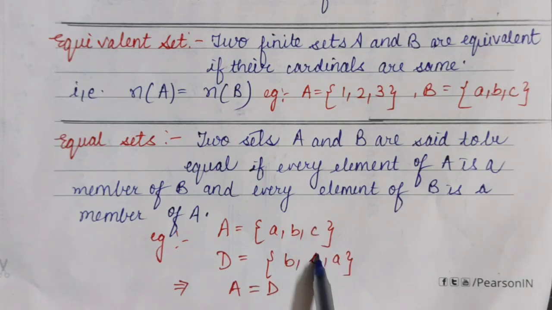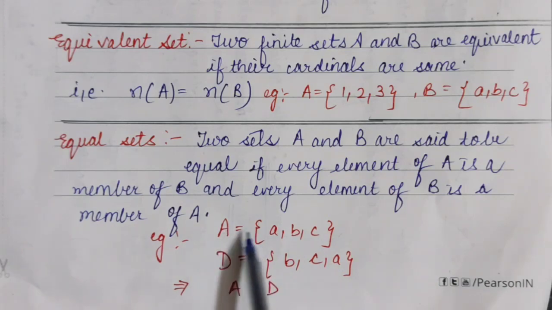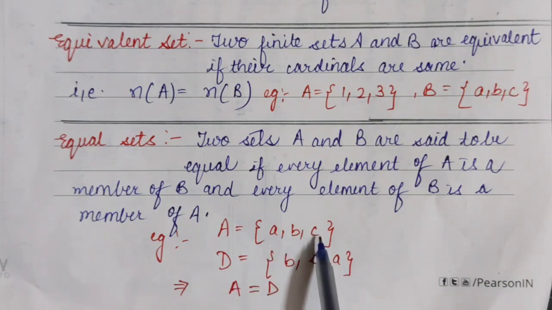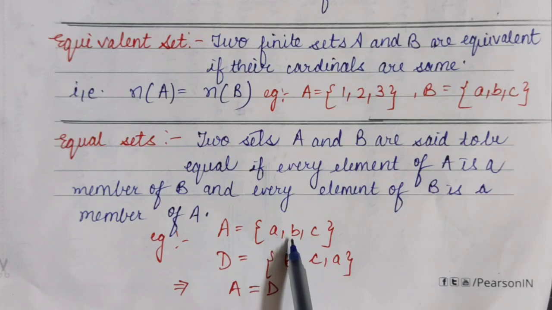So can we observe here, in both sets A and D, the elements which are coming in set A are only coming in set D, or we can say the elements which are coming in set D are also coming in set A. It means every element of set A is a member of set D and every element of set D is a member of set A. Hence we can say set A and D are equal.